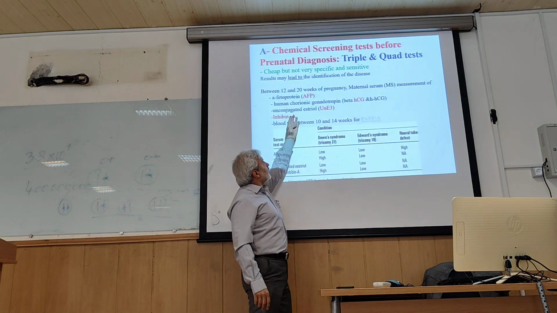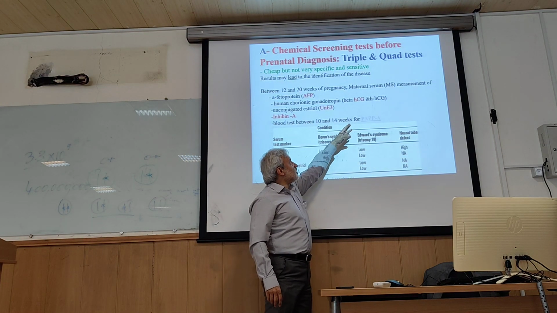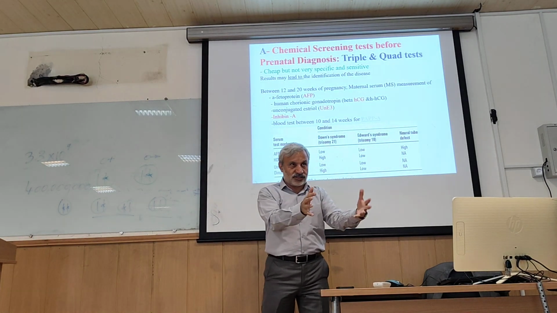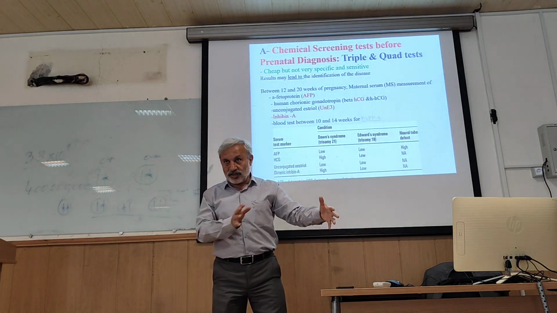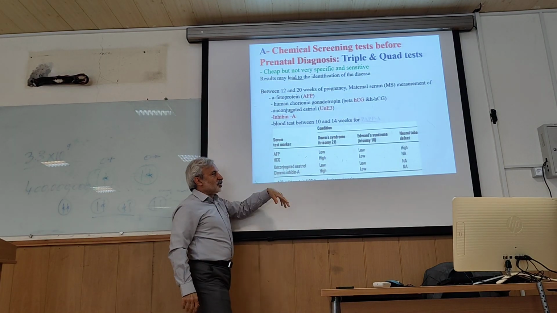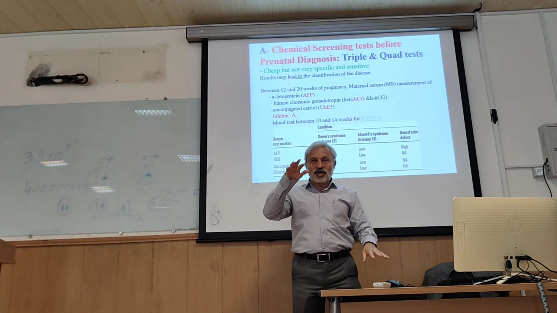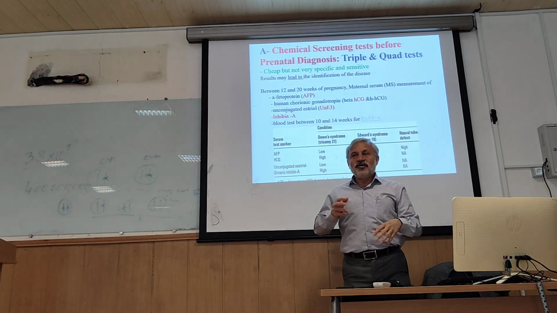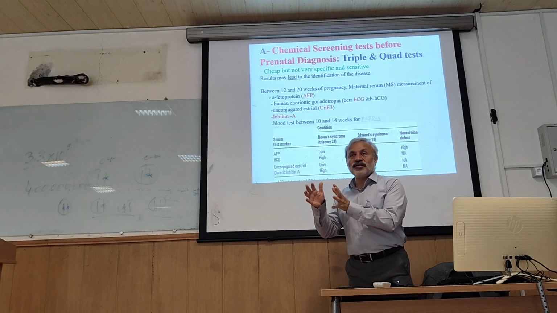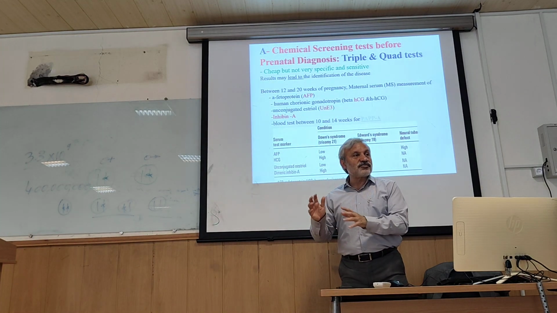So, what's the quad test or chemical? In chemical, we check AFP, HCG, inhibin, and so on, the proteins. You remember DNA, RNA, protein? We check these proteins. If one of them is low, one is high, we predict possibly the baby has Down syndrome.